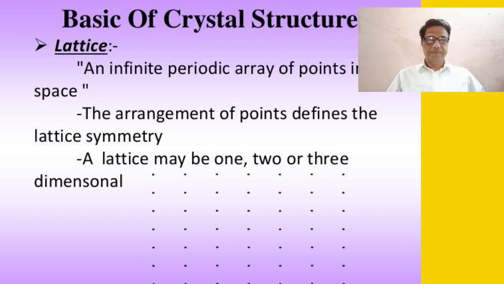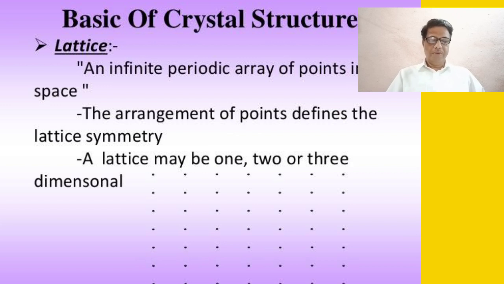Now students, we move to the next concept, basis. What is basis? Simply, basis is a collection of particles at a lattice point. Lattice points are the geometrical arrangement of points in a three-dimensional periodic array. So we attach the points or particles of that particular structure to the lattice.